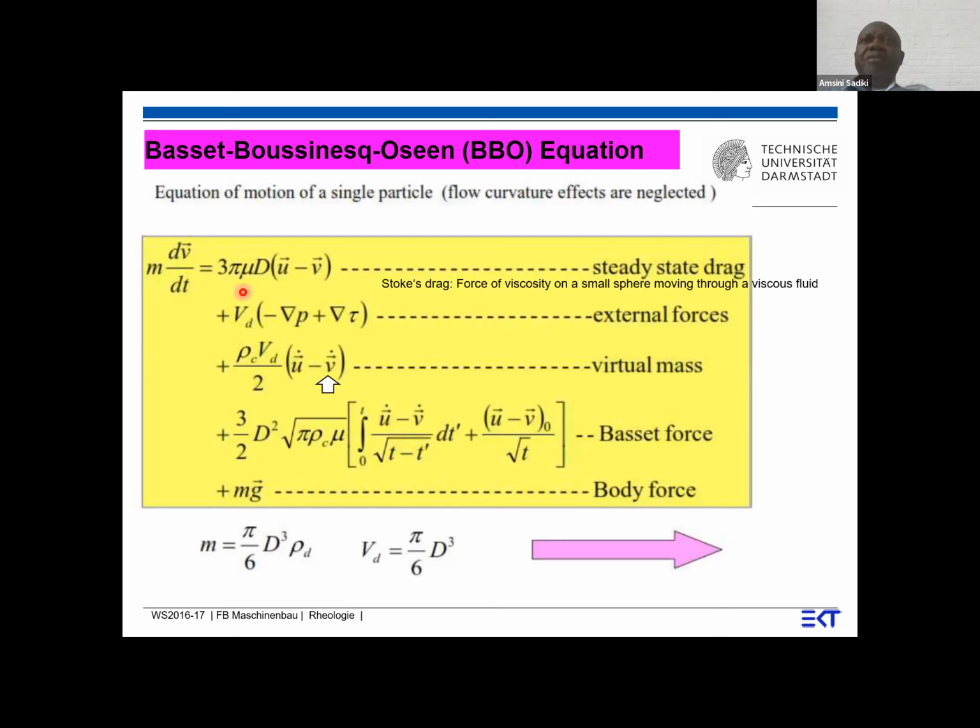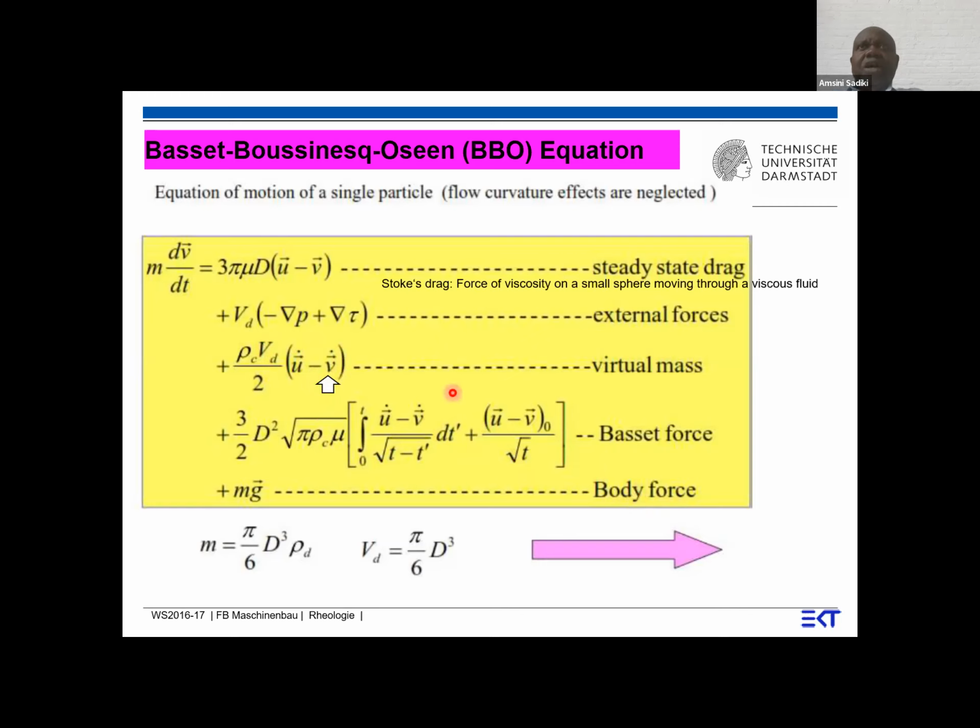So we have the drag force. We consider it for a very small sphere moving through a viscous fluid, and this is the so-called Stokes drag. We have our external force, this is the surface force. We have the virtual mass force, and we have here our Basset force and body force, so gravitation.